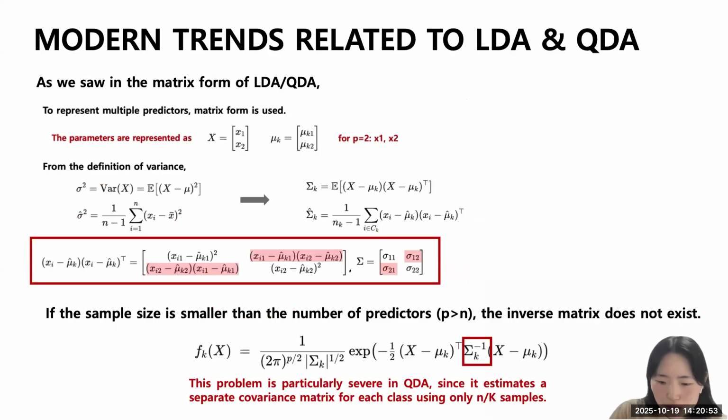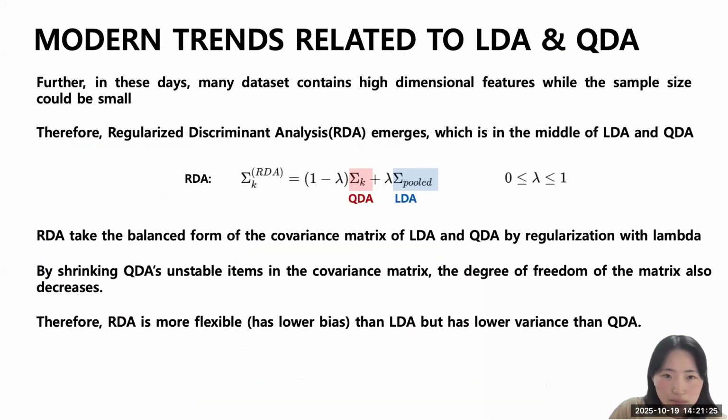Next is about additional materials. As we saw in the matrix form of LDA and QDA, both methods estimate the covariance matrix for each class. However, when the number of predictors p is greater than the number of samples n, this covariance matrix becomes singular. That means it cannot be inverted. This problem is particularly severe for QDA since it estimates a separate covariance matrix for each class using only n over k samples.